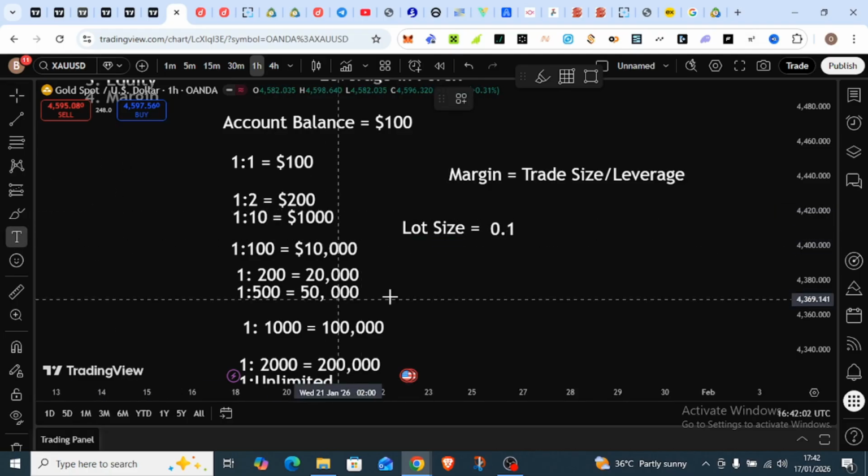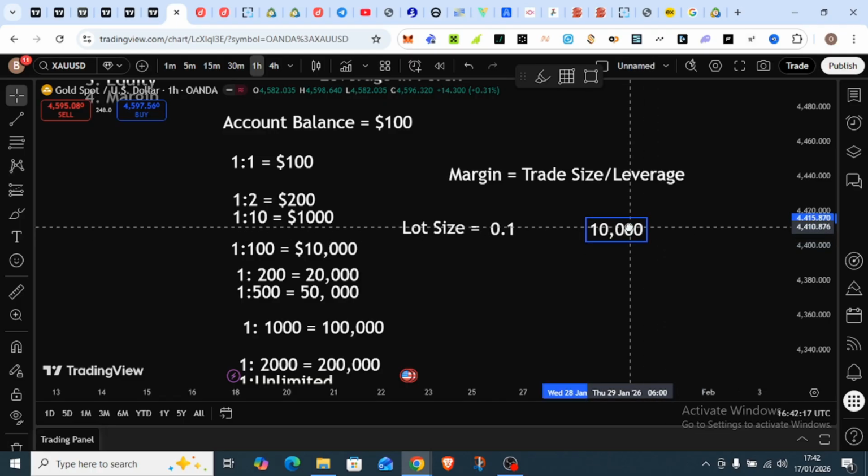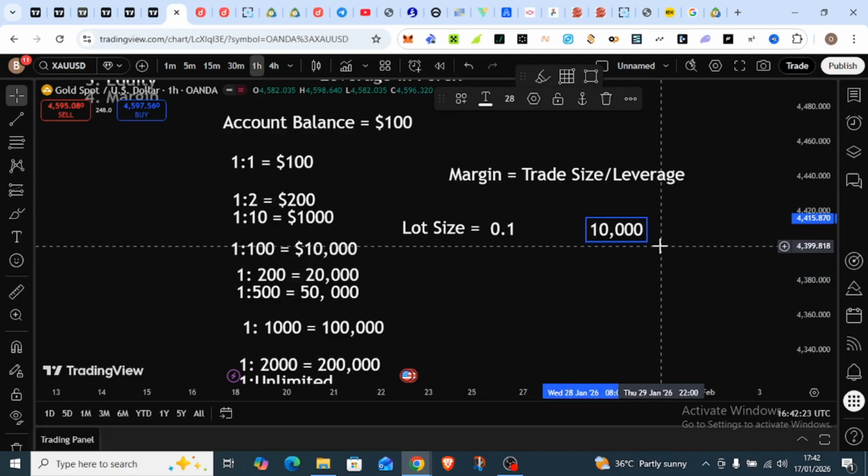is equivalent to 10,000 units of the asset. This is a mini lot. I know a mini lot is equal to 10,000 units.